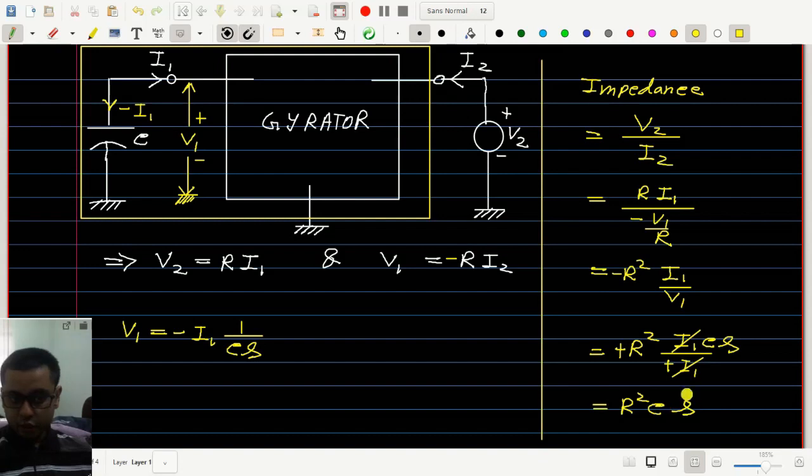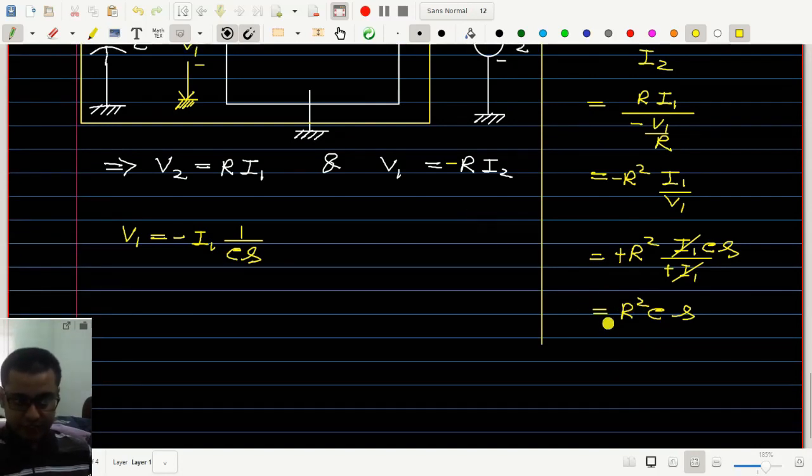This looks like the impedance of an inductor with inductance equal to R square C. If we define L equal to R square C, then this is equal to Ls.